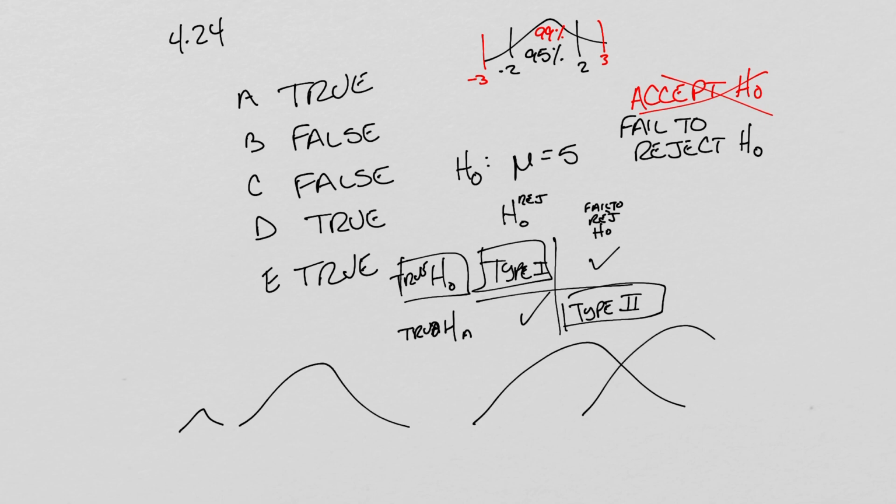But if you have huge samples and they are different, even the smallest difference can be identified. So the larger your sample, the more likely you are to identify something as statistically significant, because you're going to detect those small differences between the null value and the true value. And that's why it's true.